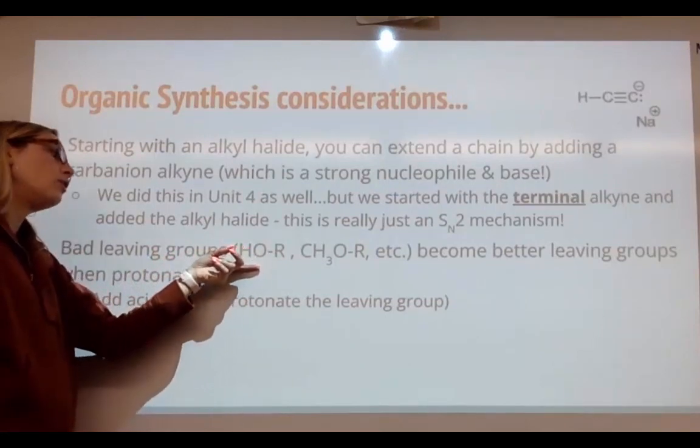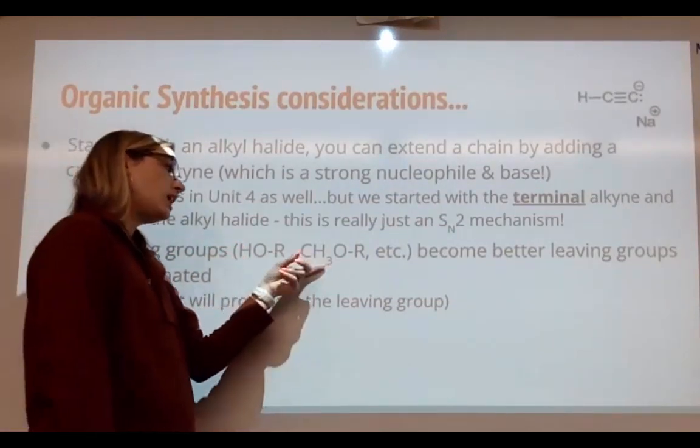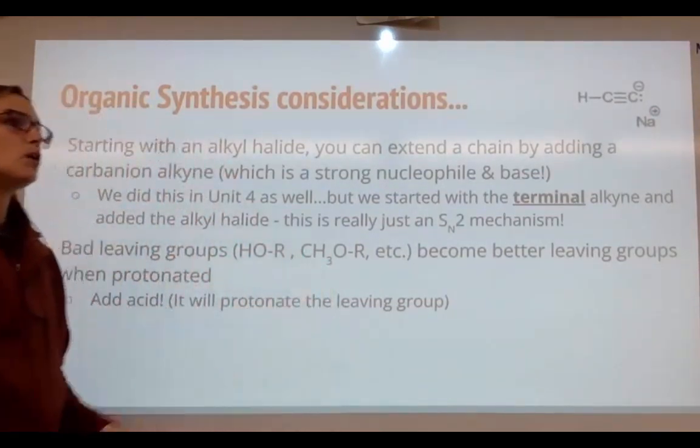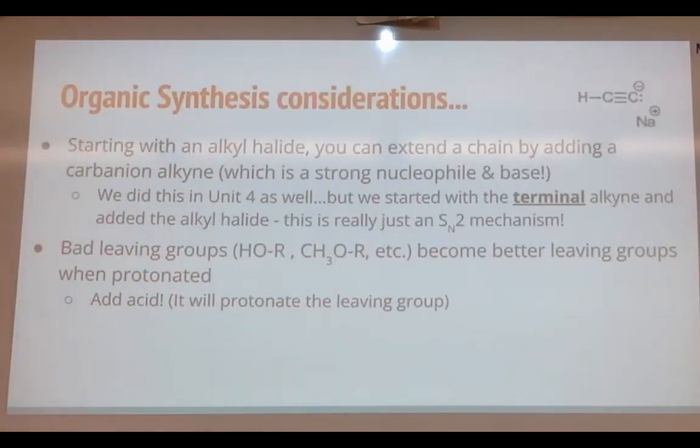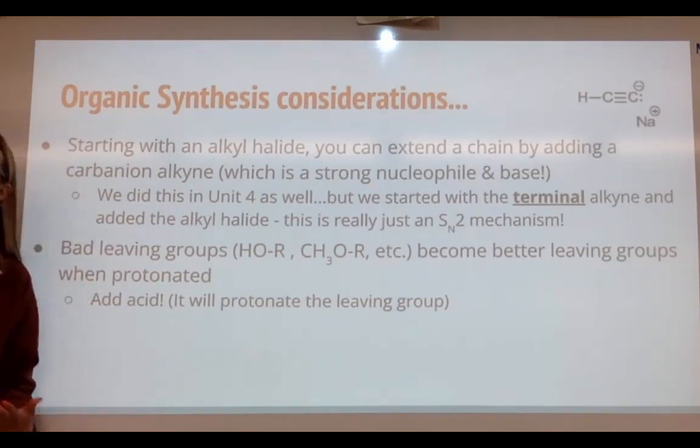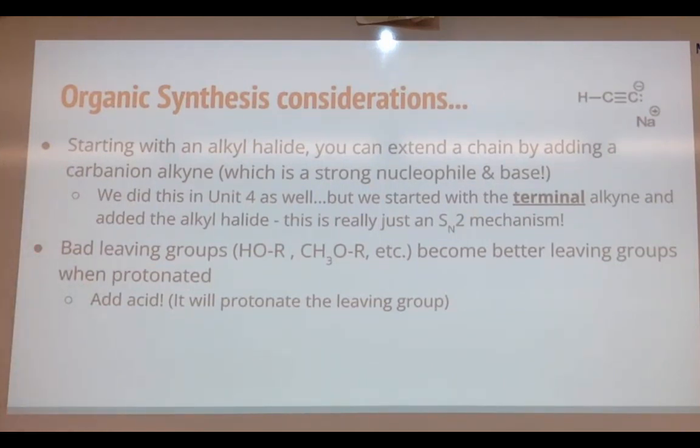So when you have an OH group or an OCH3 group, maybe we could use the term weak leaving group instead. They become better leaving groups when they're protonated. So you add an H plus to it, and it becomes a much better leaving group, because then the electrons can go to itself, leaving a carbocation, or just leaving to allow for substitution or elimination.